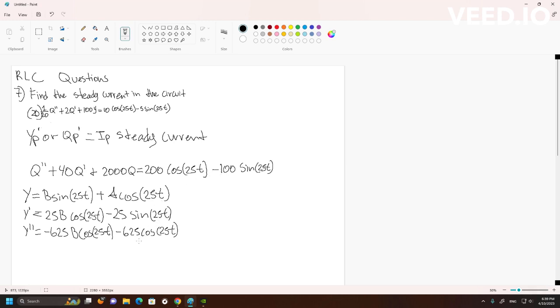In this way we can find the values of b and a to find the yp.